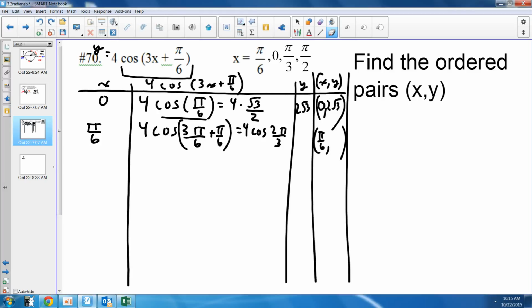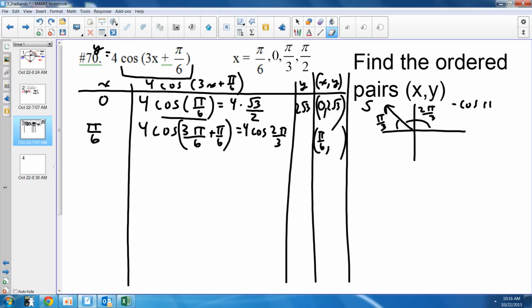Now I have a problem within a problem because I need to know what the cosine of 2 pi over 3 is. So if I were to draw this, 2 pi over 3 has got to be right here, meaning the reference angle is going to be pi over 3. Cosine of pi over 3, but I've got to also remember from Santa Claus, that's an s there, so it's negative.